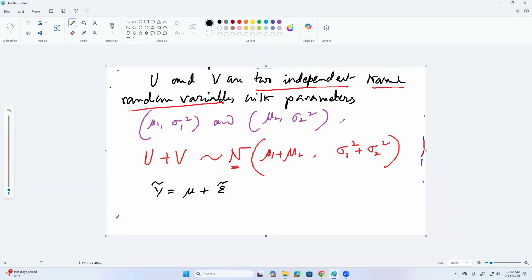Now this mu, under Bayesian inference, is a parameter, but it's a random quantity. So it has a distribution. Given the data, mu given data follows a normal distribution with mean mu n and variance sigma n square.